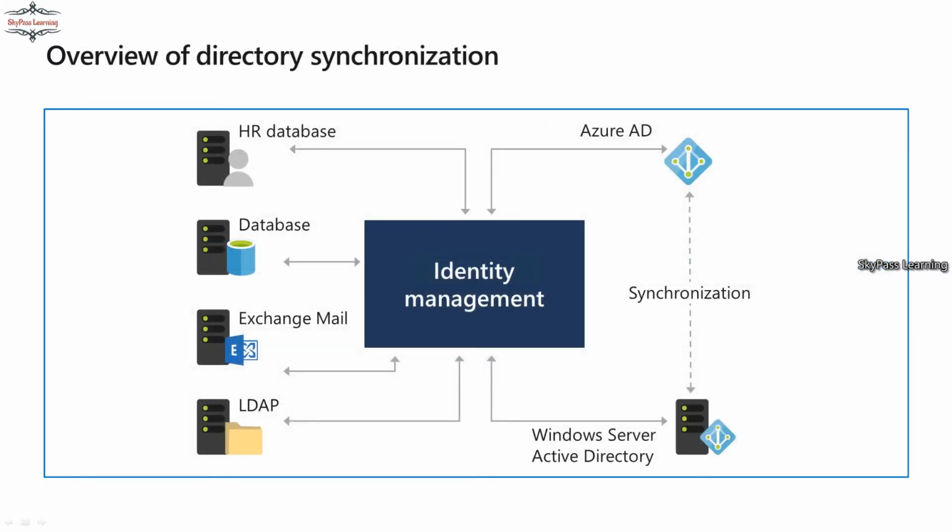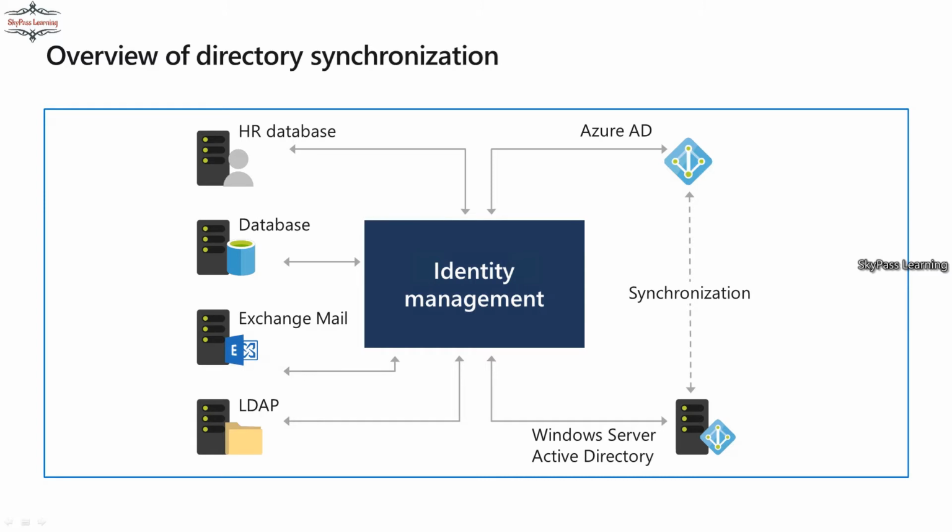Okay, the directory synchronization, how it basically works. To work on this, you can use your database and identity service. You can see it here, everything is stored in your identity management, and it's basically syncing from your on-premises server. Here you can see the on-premises Active Directory Windows server. It's synchronizing with your Azure Active Directory, and everything is stored in your identity management box or its virtual structure.